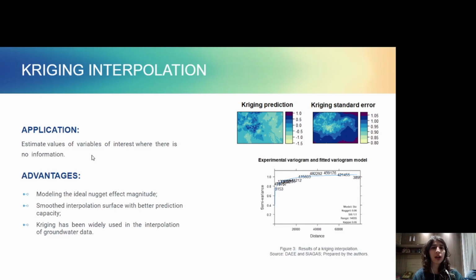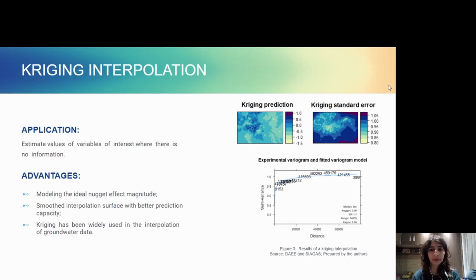So we can discover other data that we can estimate only with this model. The advantages are that we can model the ideal nugget effect magnitude, and we can create a smoothed interpolation surface with better prediction capacity. And Kriging has been widely used in the interpolation of groundwater data. So it's a very important technique in groundwater studies in general.